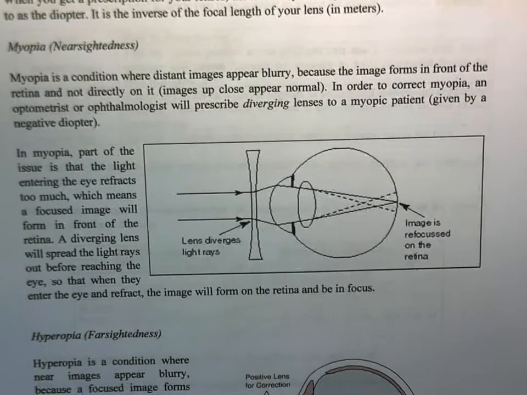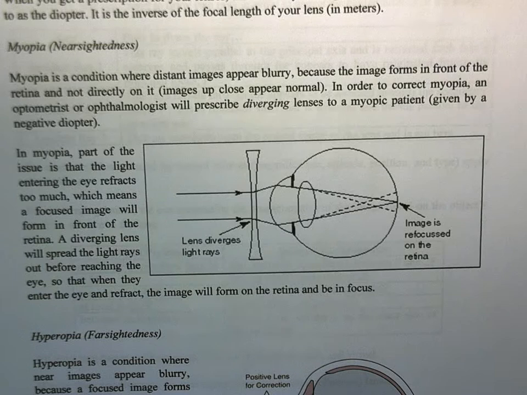And just on that topic of nearsightedness and farsightedness, I want to give you a little bit of the physics behind what your lenses are doing. Again, I need to emphasize that this is an oversimplification, just broad strokes. Nearsightedness, if you want to get technical, is called myopia. Myopia, or nearsightedness, is a condition where things far away are not very clear.